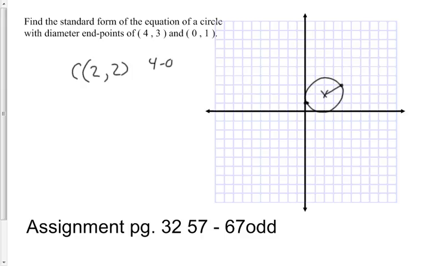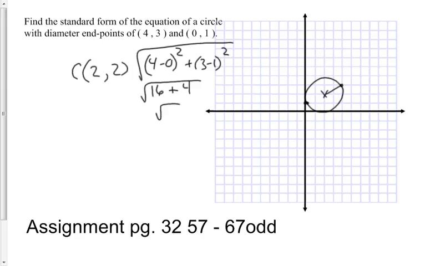So 4 minus 0, we've got to do our distance formula, plus 3 minus 1 squared, take the square root. We're doing the distance between the two diameter endpoints. So we're going to have 16 plus, because 4 squared is 16, we're going to have 2 squared, that's going to be 4. So I'm going to get the square root of 20.